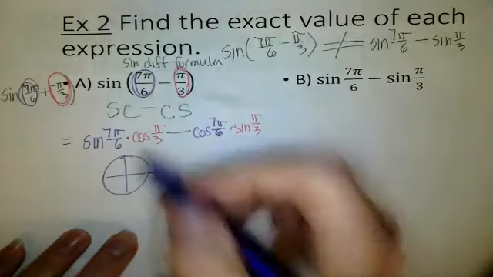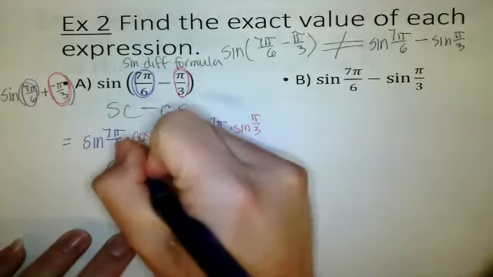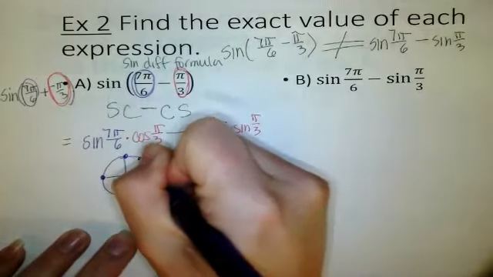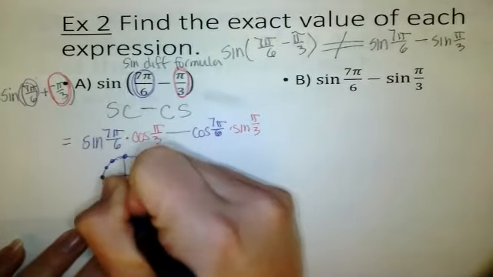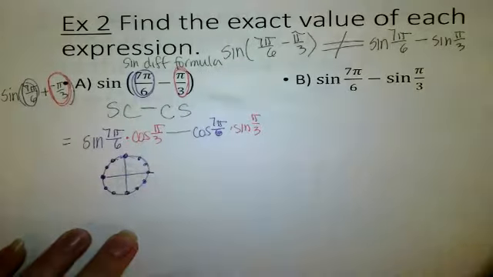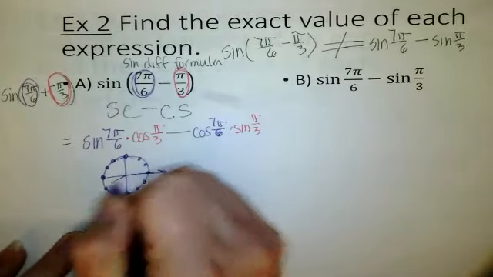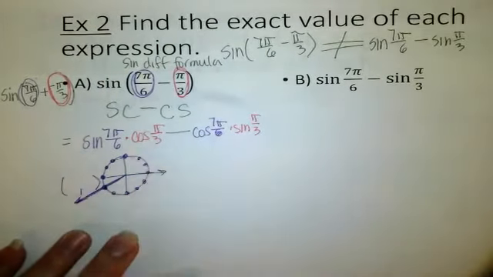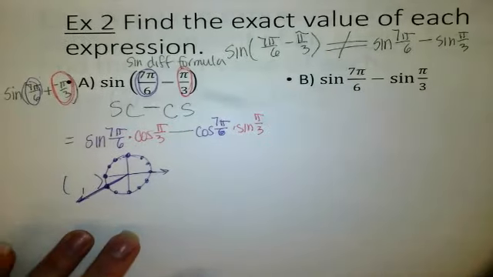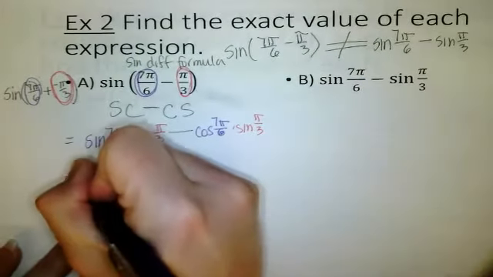All right, 7 pi over 6. That would be taking pi and dividing it into 6 wedges on the top and on the bottom. And 7 of them means I'm right down here in quadrant 3. What's that ordered pair? Good.